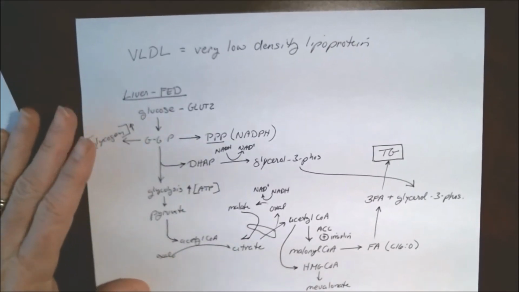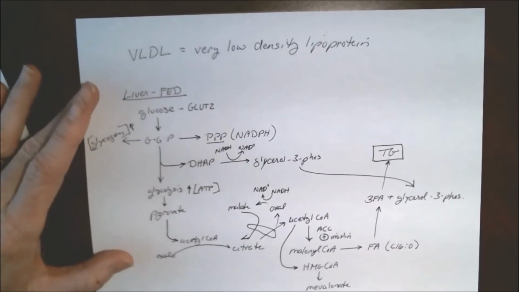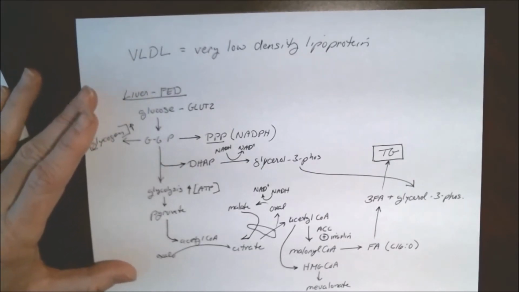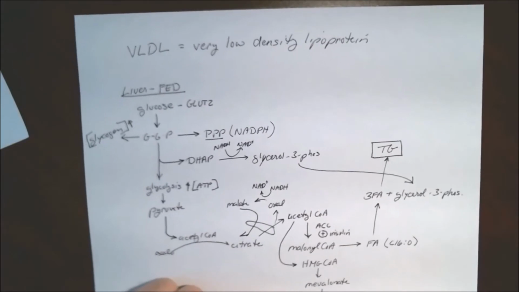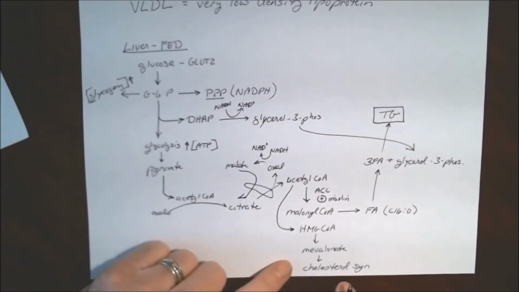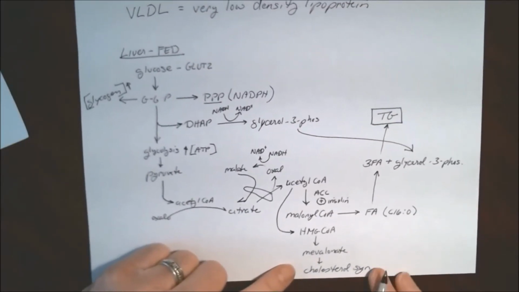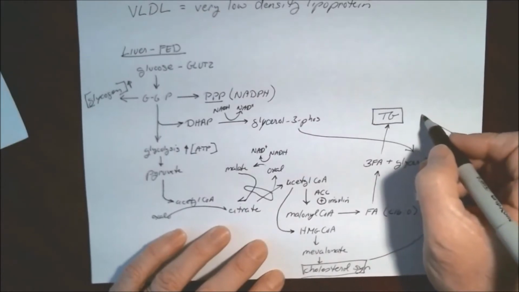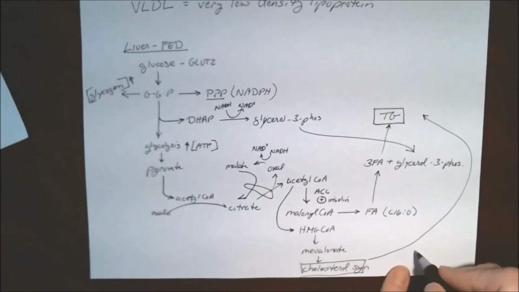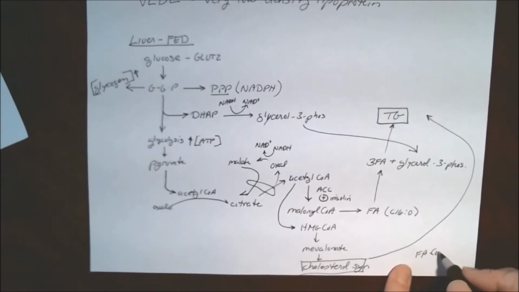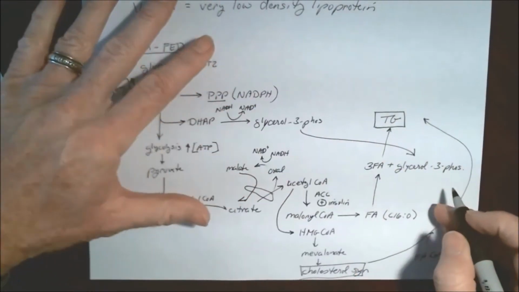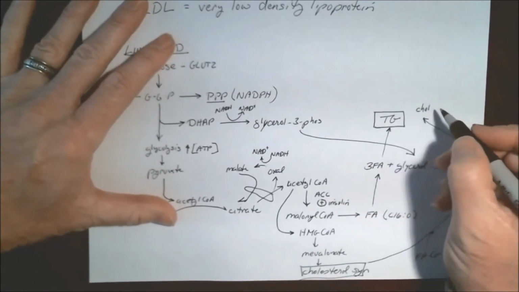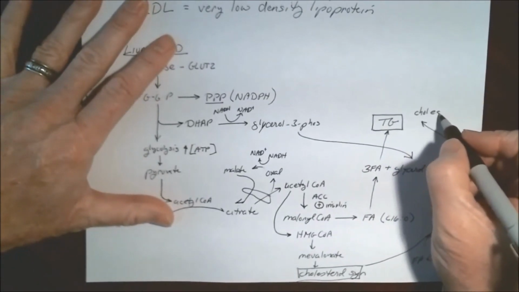All of this will happen as long as we have sufficient amounts of glucose coming in the fed state. So this is an anabolic situation, and we are synthesizing our major precursors. Once we have our cholesterol, we now can convert this to a cholesterol ester by adding a fatty acyl-CoA group to make our cholesterol ester.